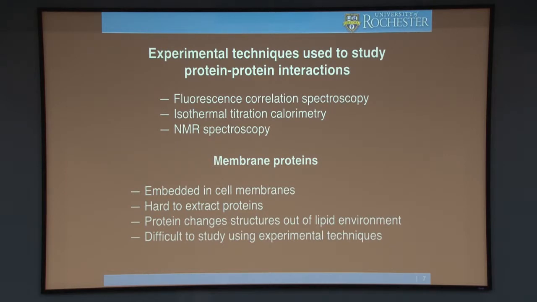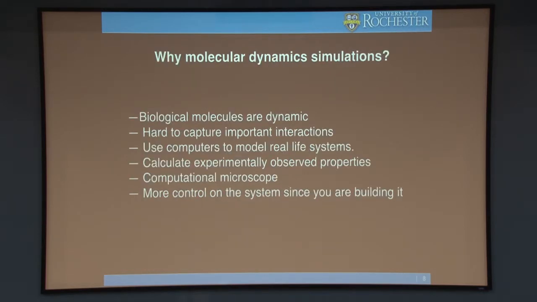So that's why we use molecular dynamic simulations, which are computational models in which we can look at the proteins through our computers. Also, biological molecules are very dynamic. They are ever changing, and studying them using one spectroscopic technique is hard. So molecular dynamics provides us a tool to study these ever-dynamic molecules in our computers.